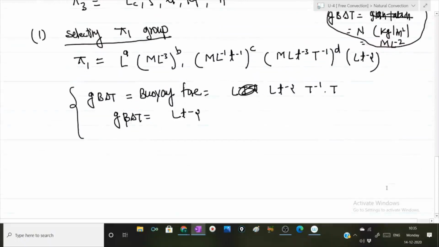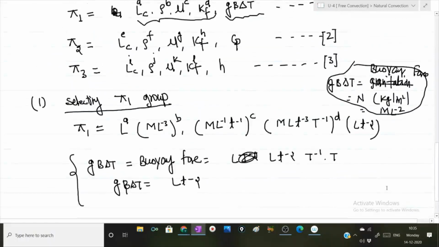What I am doing, once again I am repeating, I am selecting this pi1 term first. I am expressing all these variables into their primary dimensions. Like LC is a length, so primary dimension is L. Rho is density, primary dimension is M L to the power minus 3.